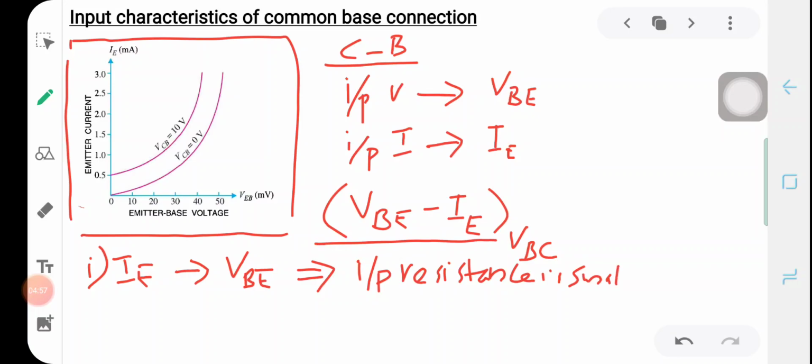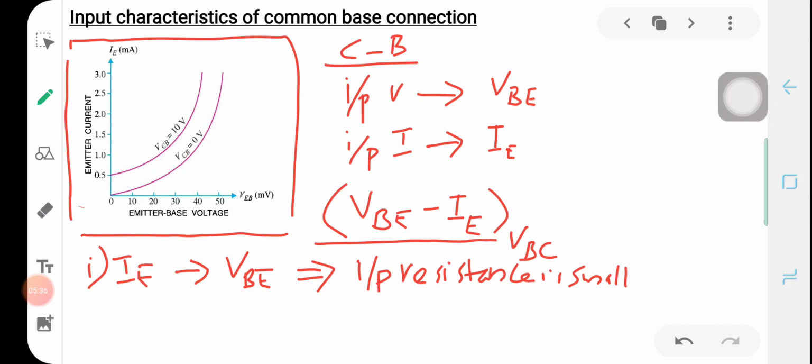And the second one: the emitter current is almost independent of the collector base voltage, as you can see here. If you consider the variation of IE with VBE, whether you take VCB as 0 volt or 10 volt, the dependence of IE on VBE is almost the same.